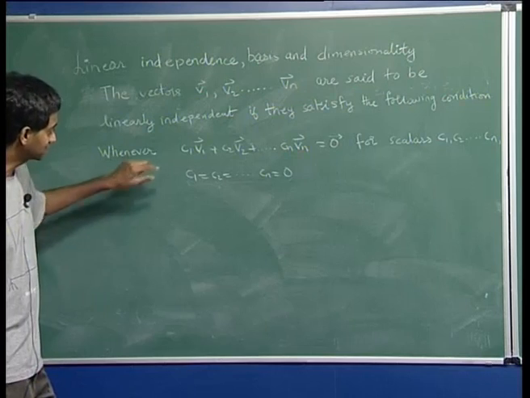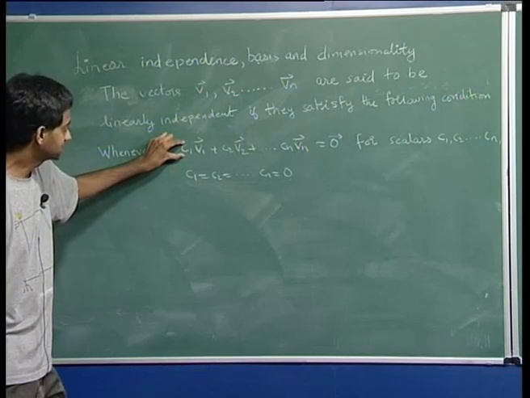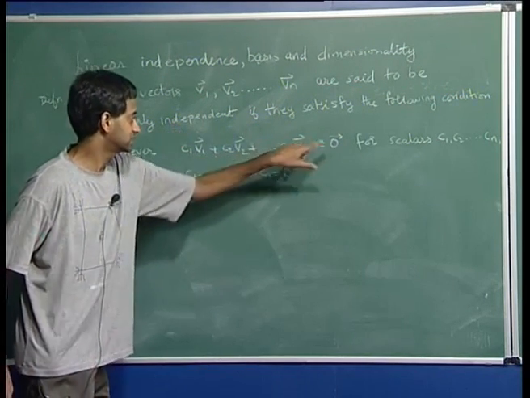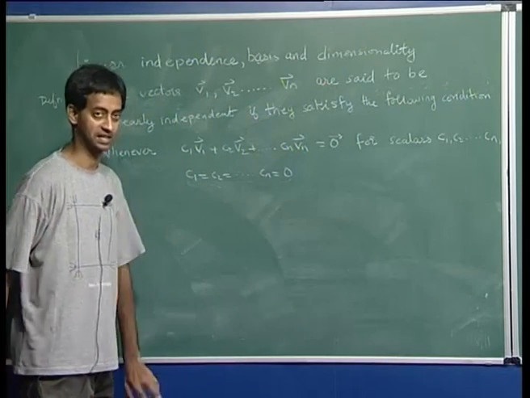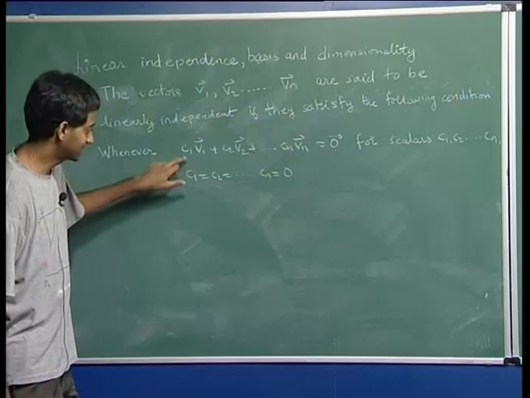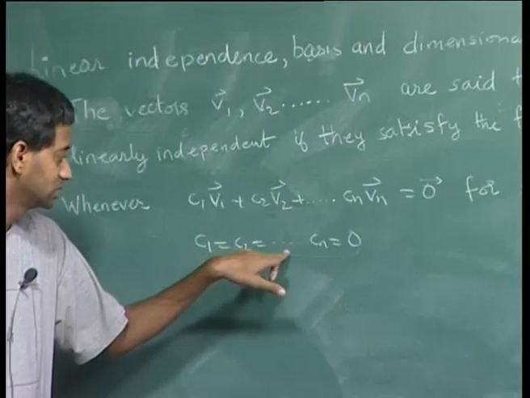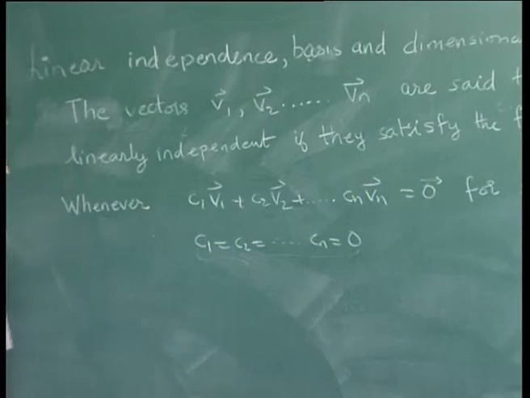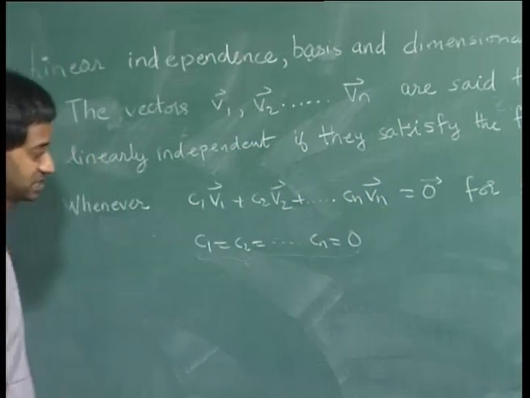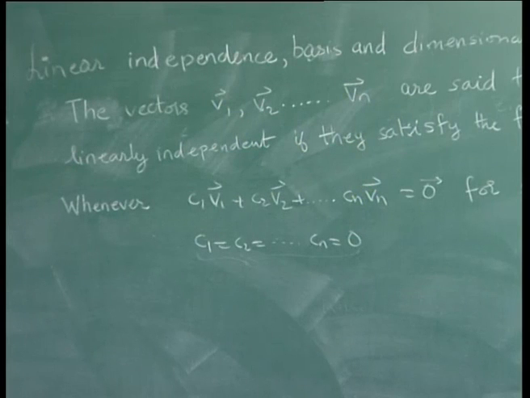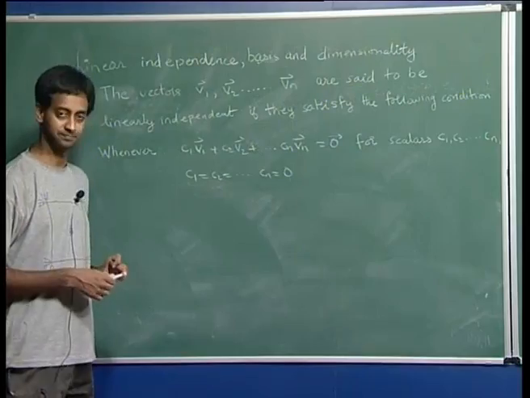In other words, this expression gives you a set of equations from which you solve for each of the C1, C2 up to Cn. Now it is clear that C1 equal to C2 equal to up to Cn equal to 0 is a solution which satisfies this equation. Now if there is no other solution, then these vectors are said to be linearly independent.